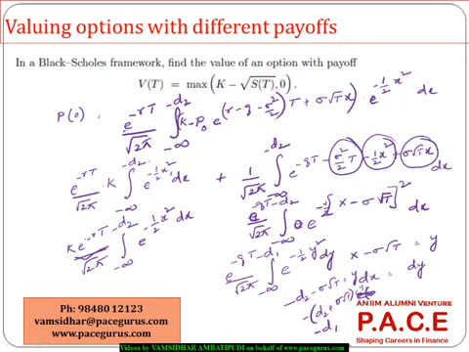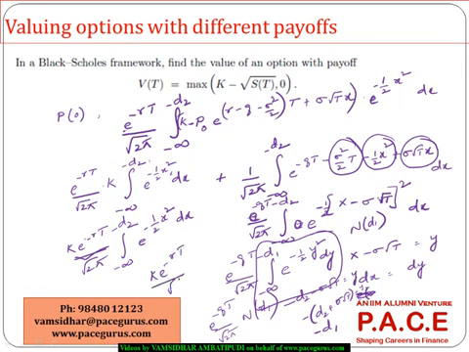So this entire thing is becoming N(d1). So I am getting e power minus qt by root 2 pi times N of d1. And what about this? This is coming out to N of minus d1 because it is up to minus d1. And this is coming out k e power minus rt by root 2 pi N of minus d2.